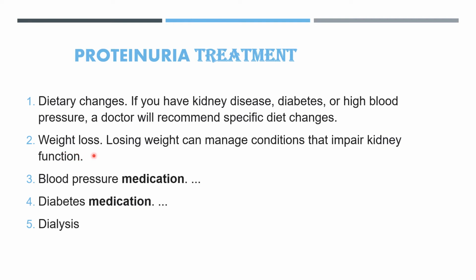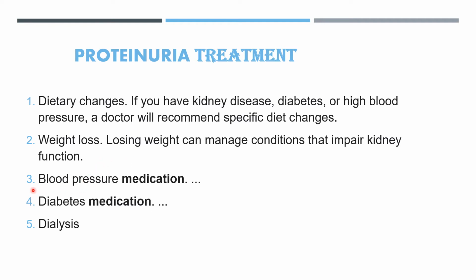And weight loss. Losing weight can manage the conditions that impair kidney function. So a patient with proteinuria must try to lose weight, because in this way he or she will be able to manage the conditions, and that will ultimately improve the kidney function.